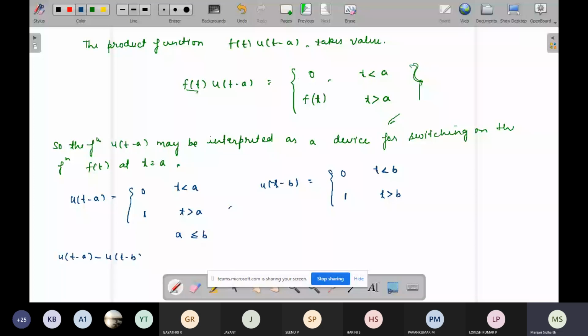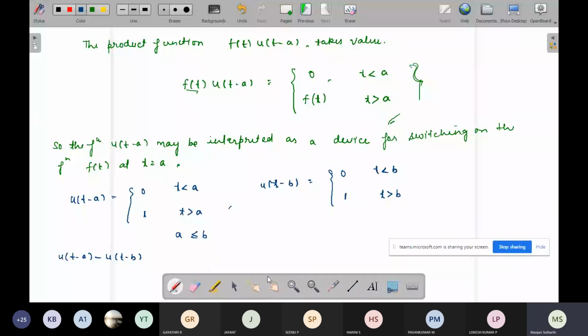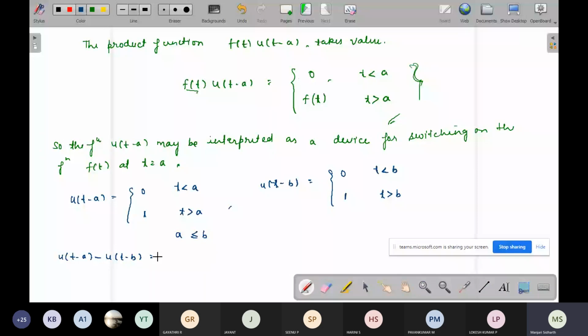Means the subtraction of two Heaviside functions defined on different points. And these different points means one can be greater than another one. Okay, so u of t minus a. First, if you are noting this, simply I'll make a small graph here for this. See, a is here, right?